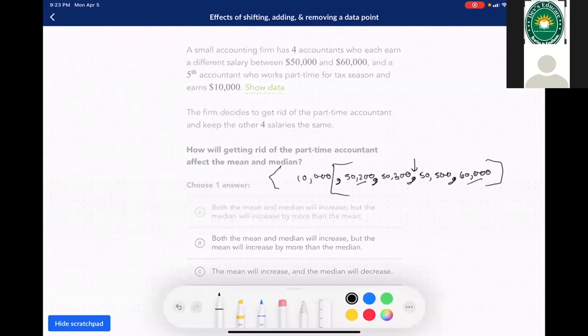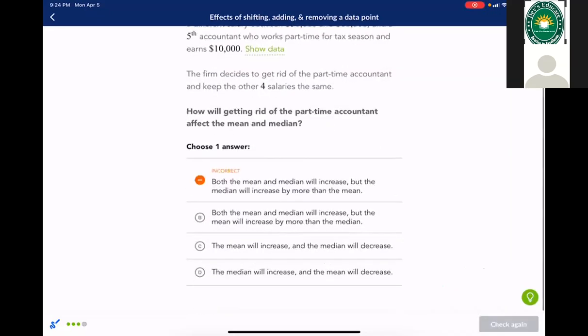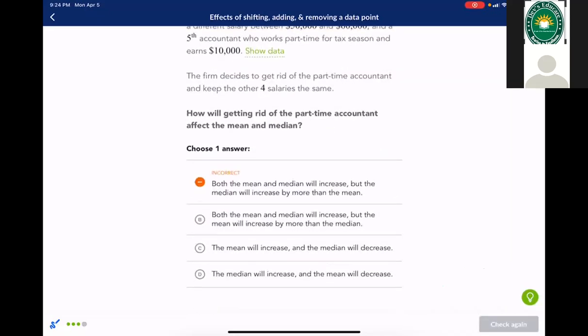But if it was this too, it would be just this. So this over here is greater than whatever this number would be, right? Yeah. So then, no, but the median, oh, that's not the answer. The mean and median will increase, but the mean will increase. Oh, yeah.